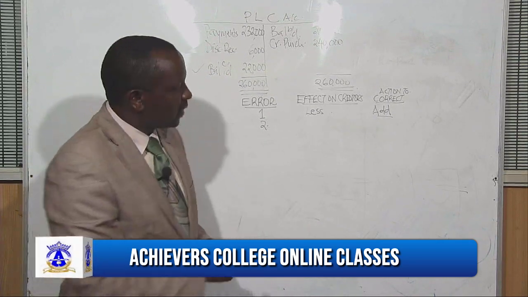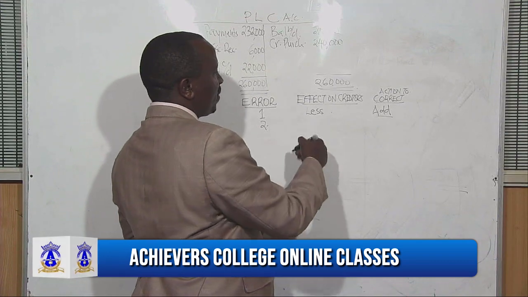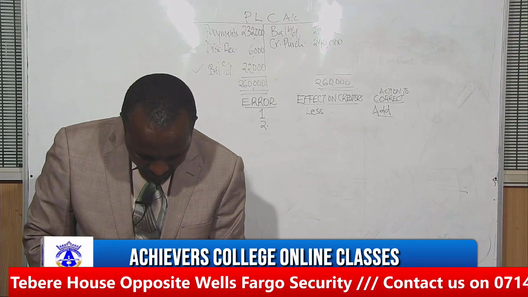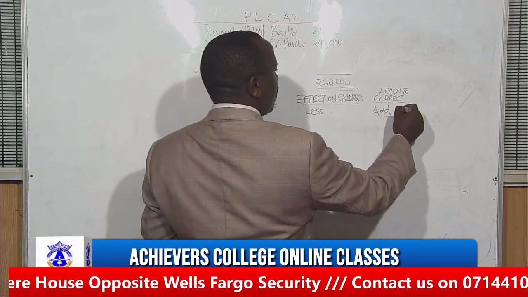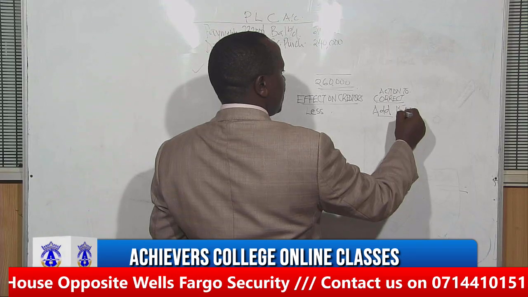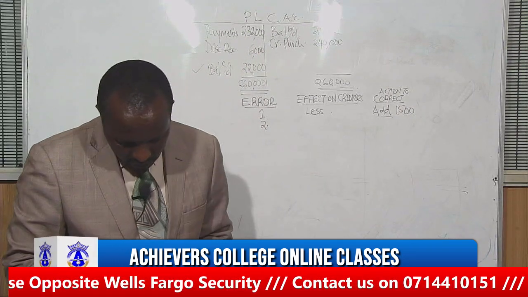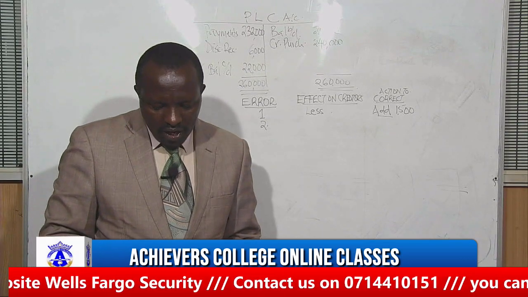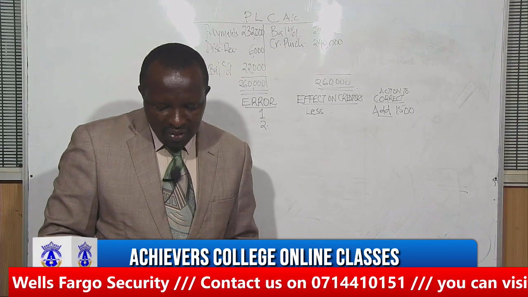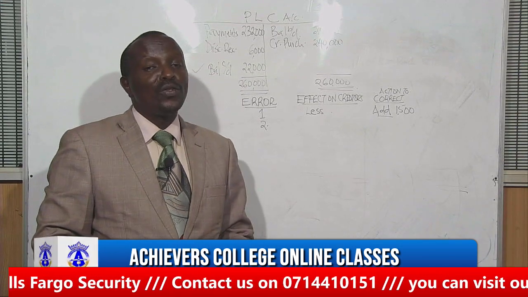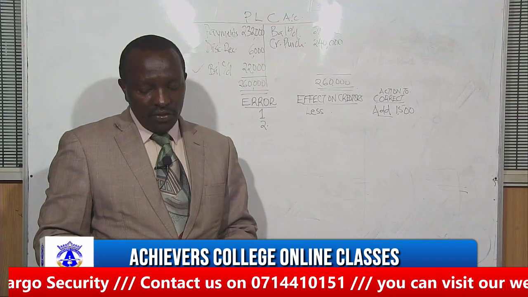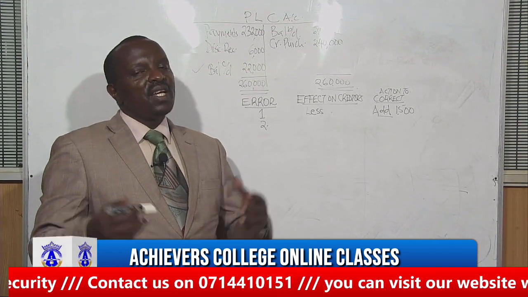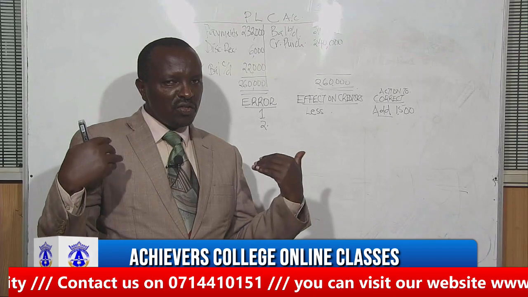Error number two. Remember the value was 1,500. Let me write the value somewhere so that we do not reinvent the wheel. Discount received amounting to 500 had not been entered in any personal account. Personal accounts are the accounts of creditors, and that simply means that the discount was meant to reduce creditors.